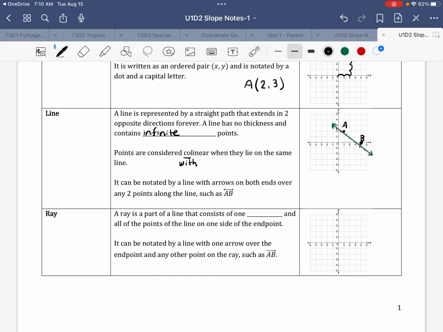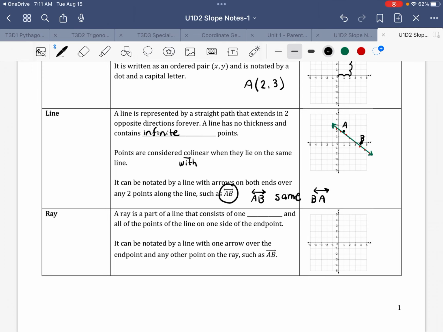And if this is point A and this is point B, then we would write and notate that line using the little arrow over our letters A and B. And that line would be congruent, the same as BA, because they're both going through those points and they extend in both directions forever.